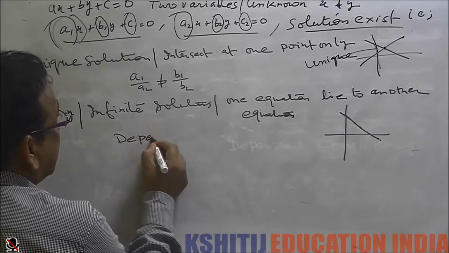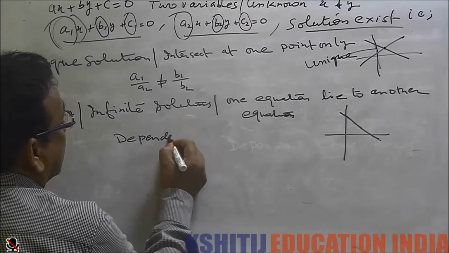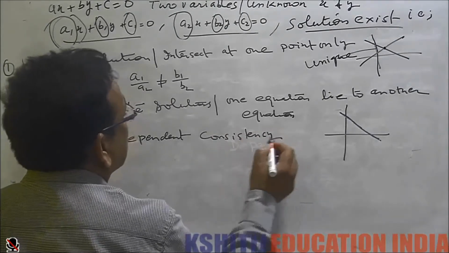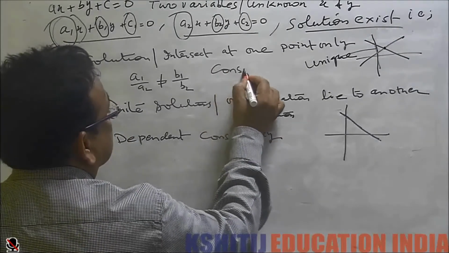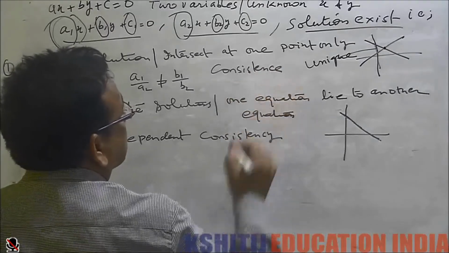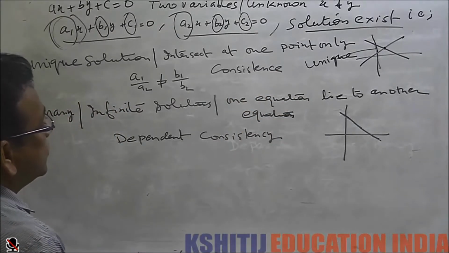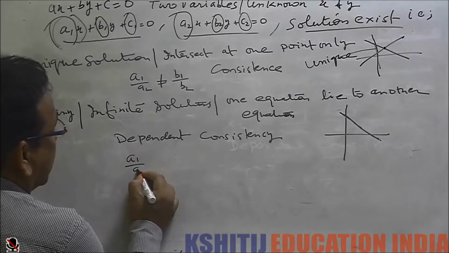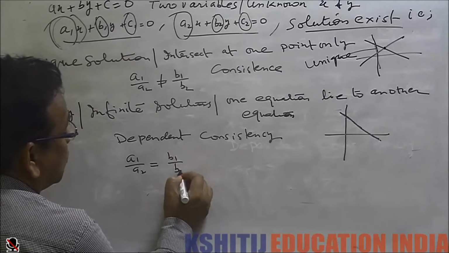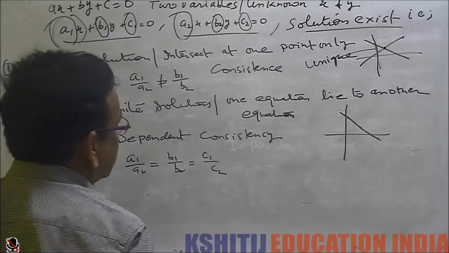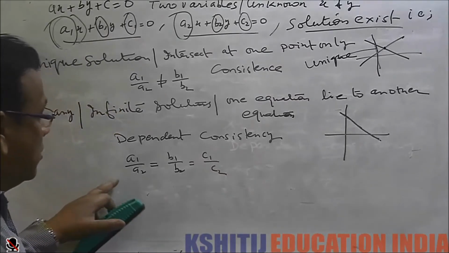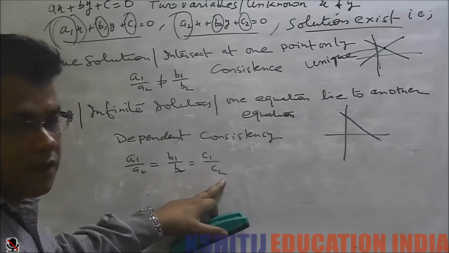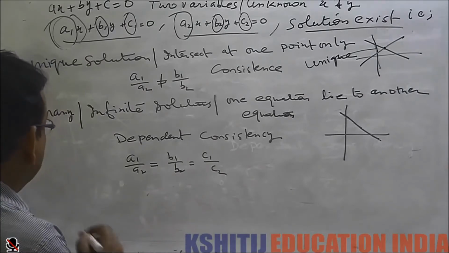This is dependent consistency, a consistent set of equations, where a1 over a2 equals b1 over b2 equals c1 over c2. All three ratios, the ratio of the coefficient of x, the ratio of the coefficient of y, and the constant ratio, are equal.